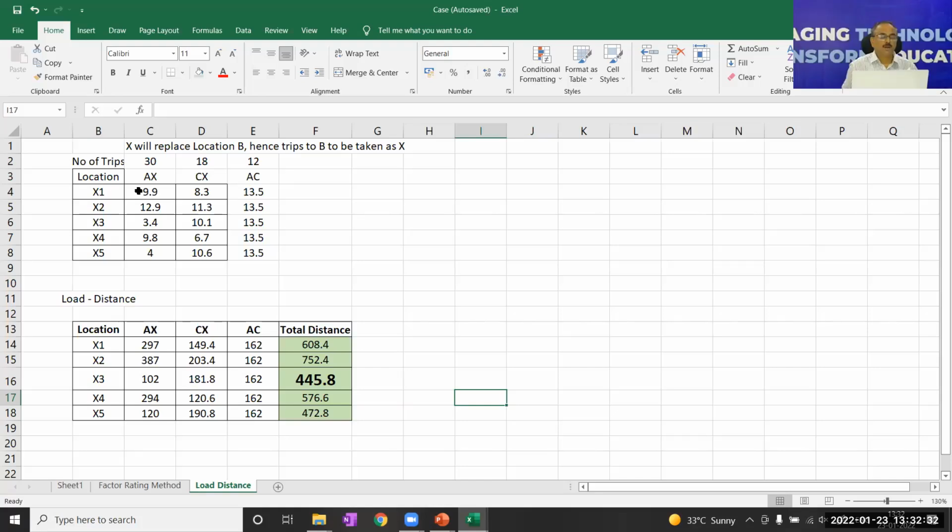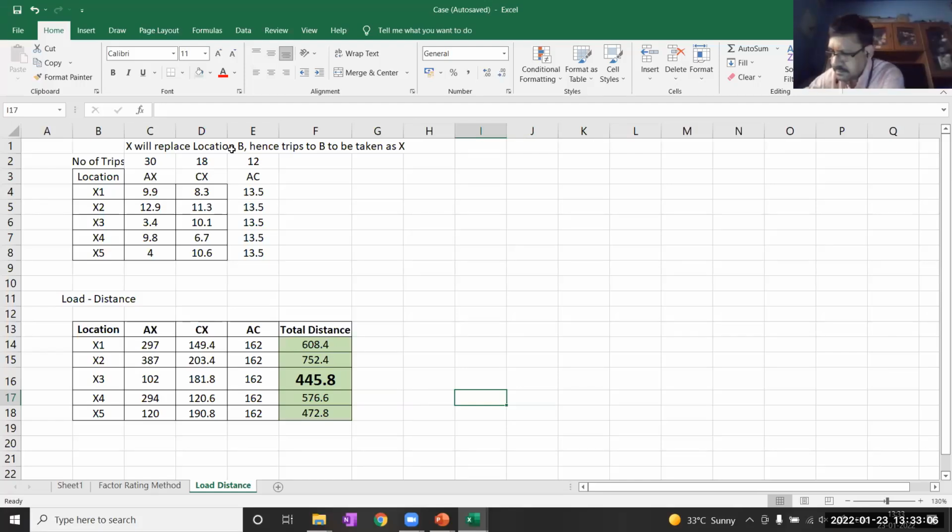Okay, because the new location X will replace location B. If you look at exhibit number 3A2, where the company is looking for locating the new facility in one of these X locations, and this X location will replace which facility? It will replace facility B.